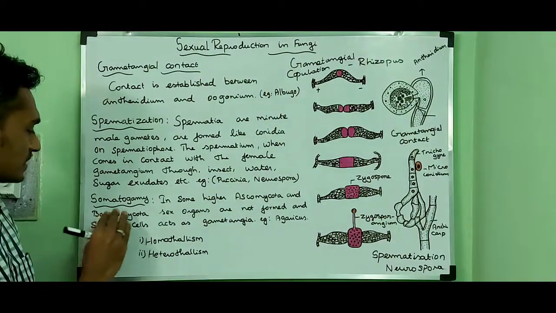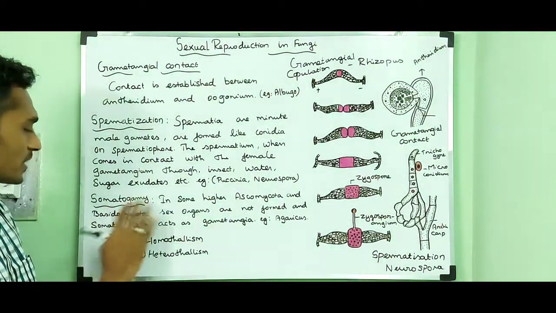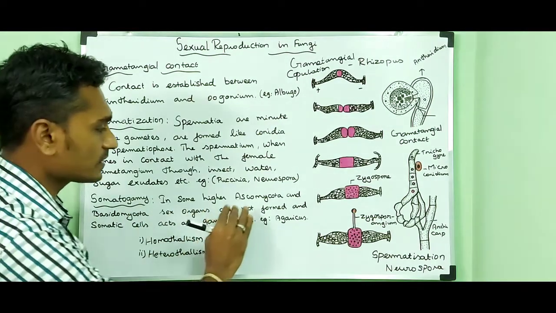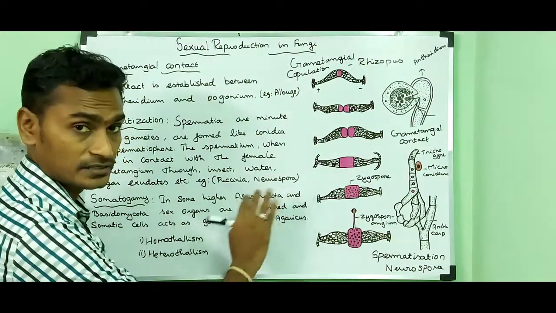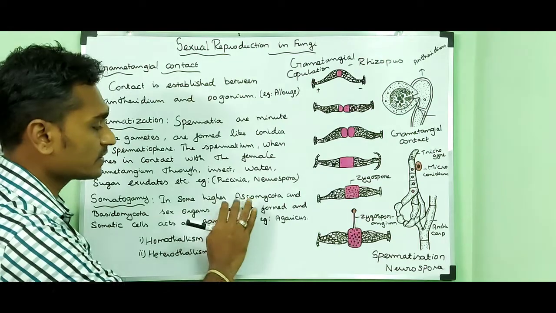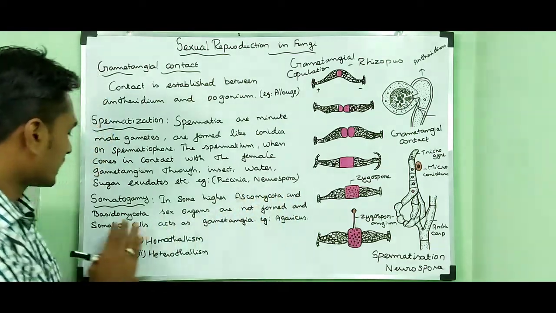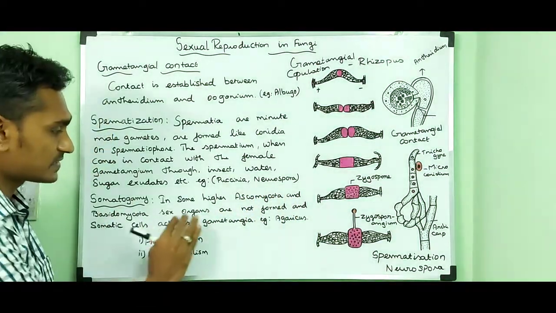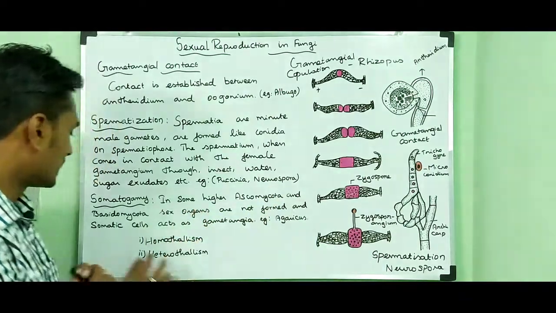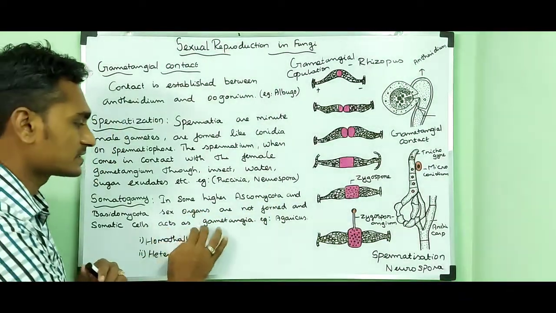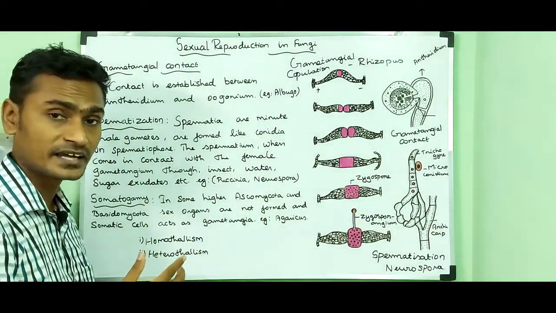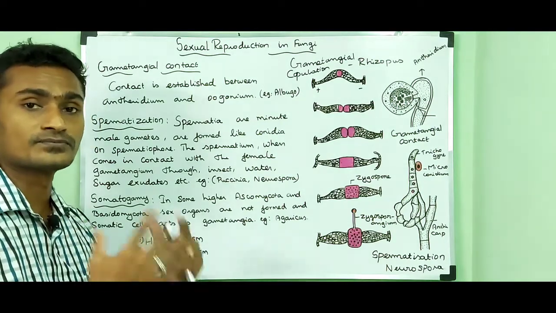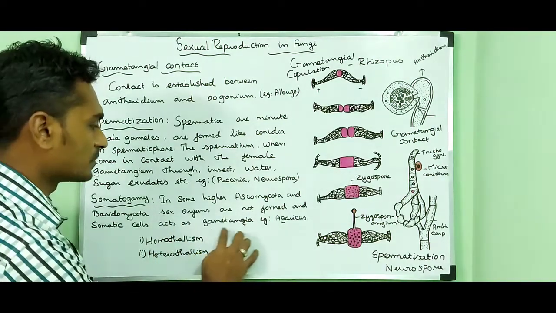Then the next type is somatogamy. In some higher ascomycota and basidiomycota, which are phyla, sex organs are not formed and the somatic cells act as gametangia. That means the hyphae of that fungi act as gametangia.